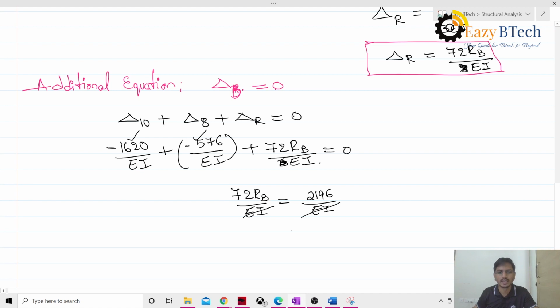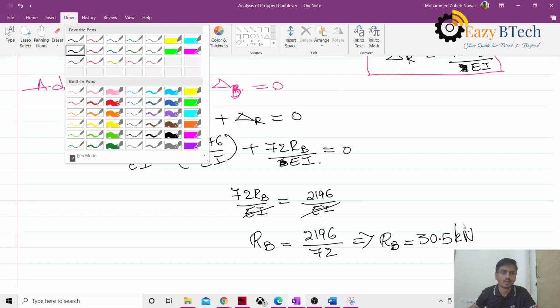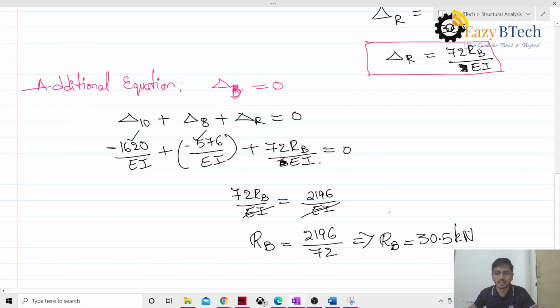So EA will get cancelled and I will send the 72 to that side. So this will become RB equal to 2196 by 72. RB value will come as 30.5 kilonewton. I'll highlight this. So we have got the reaction at RB.